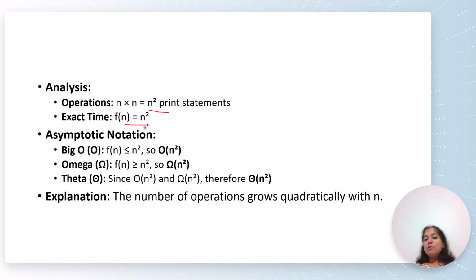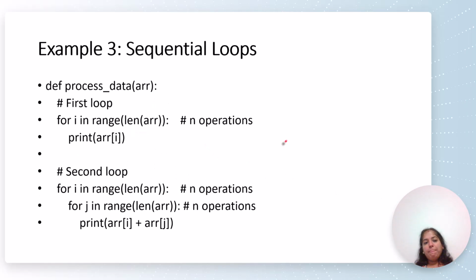So the exact function becomes f(n) equals n square. Now if you calculate the big O, omega, and theta, all of these will come n squared. That means the number of operations grows quadratically with the value of n.